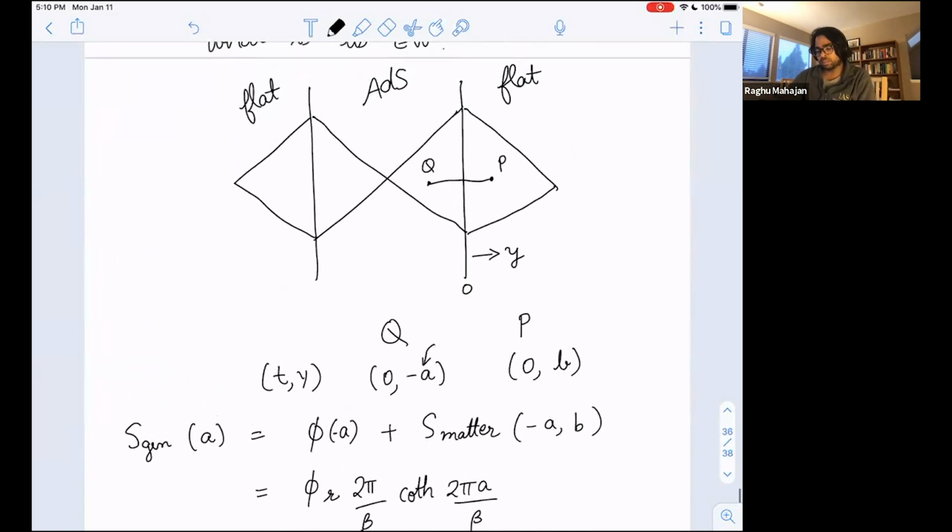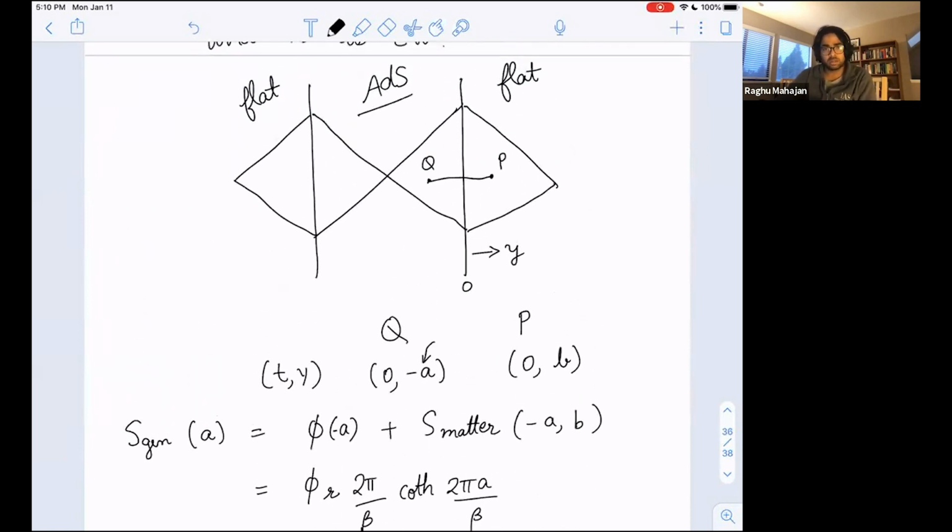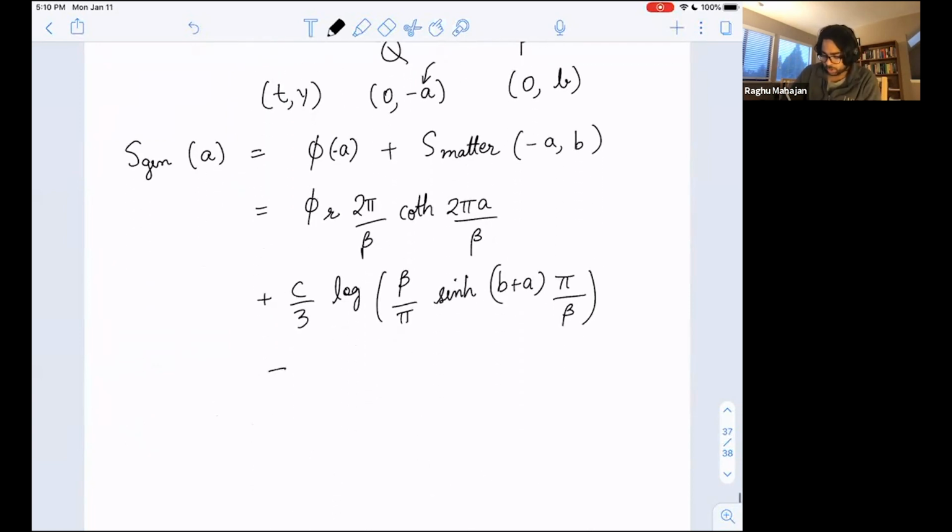But we have to remember that we have AdS here, not flat space. So there is a correction coming from, again, the Weyl factor. So it's minus c over 6 log of omega, but we know what omega is. Omega we wrote above, it's sinh of 2 pi A over beta, times beta over 2 pi.